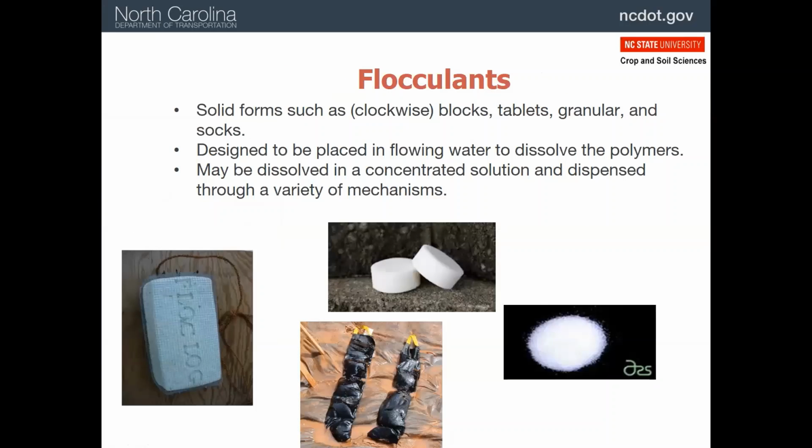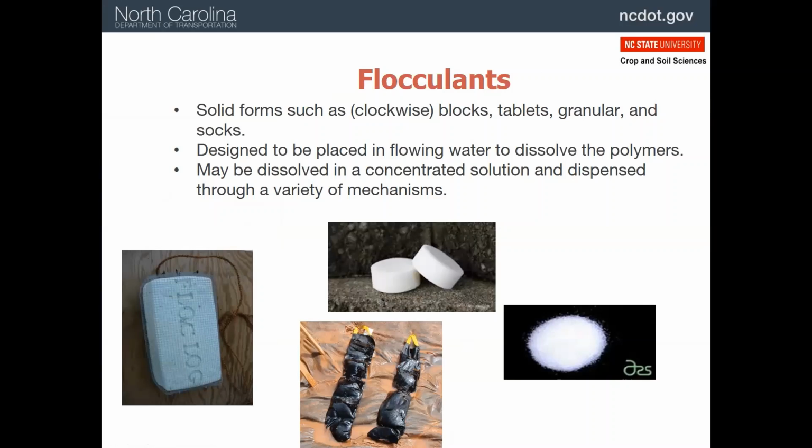There are other forms of flocculant materials besides the granular form we've discussed. There are solid blocks, as you see here. There are socks that contain flocculant. There are rapid dissolving tablets, or fizzy tabs we call them. And then of course we've got our granular material, which is what we generally use.